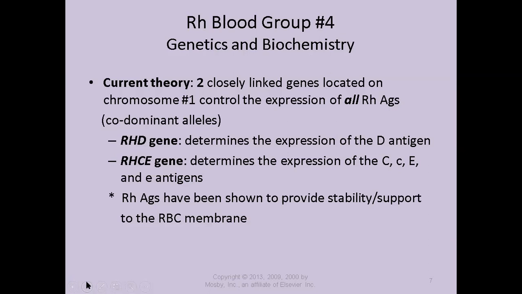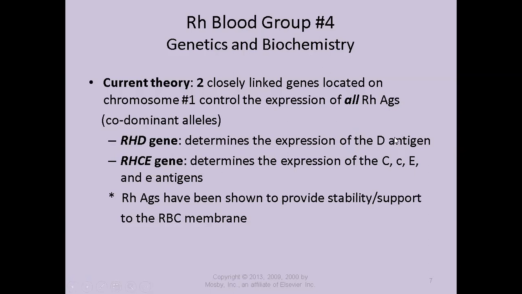Okay, so let's look carefully at these two closely linked genes. The first one is called the RhD gene, and this is the gene that determines whether an individual has the D antigen on their red cells, whether they're Rh positive or not. And the second gene is called the Rh big C big E gene, and this determines the expression of a whole host of other Rh antigens, which include big C, little c, big E, and little e antigens.